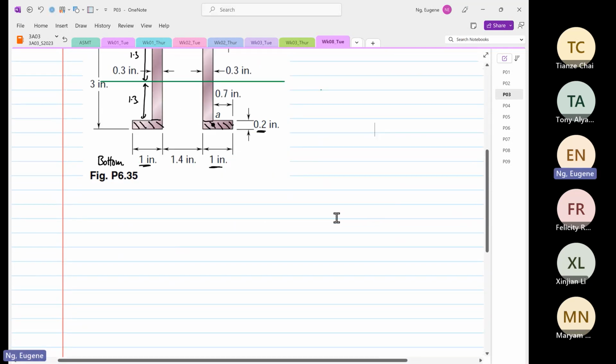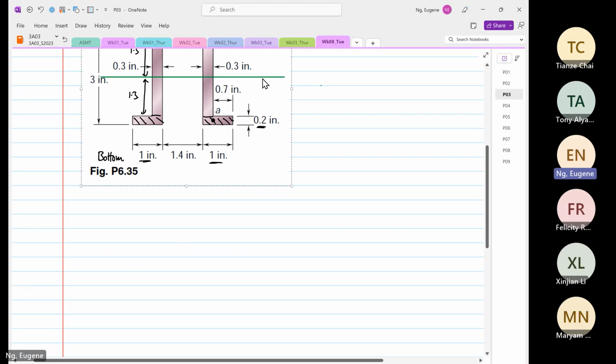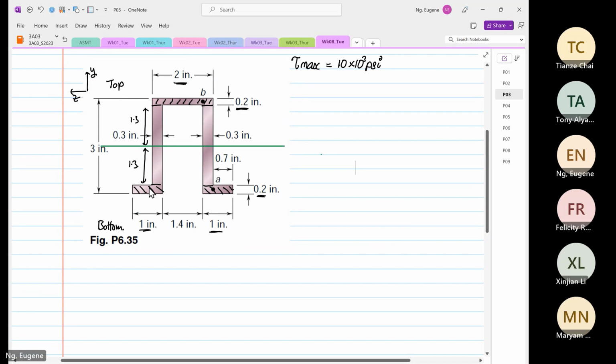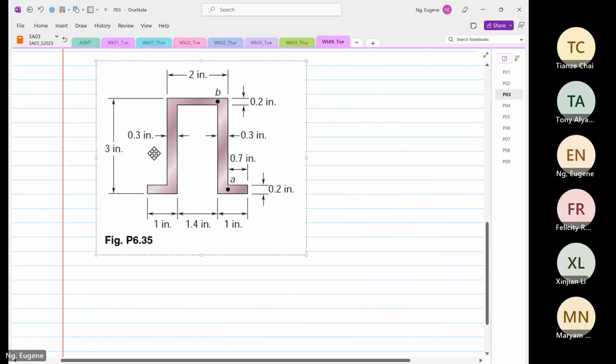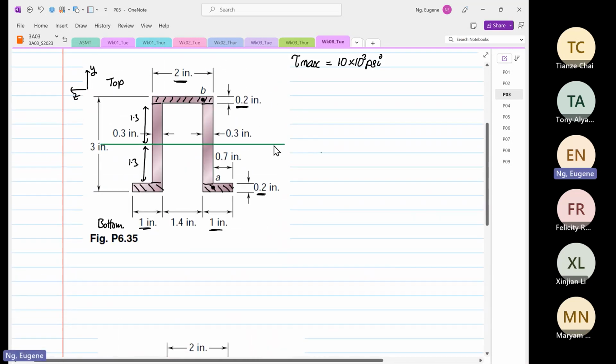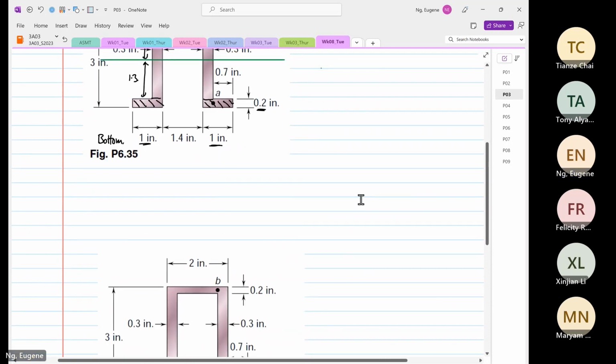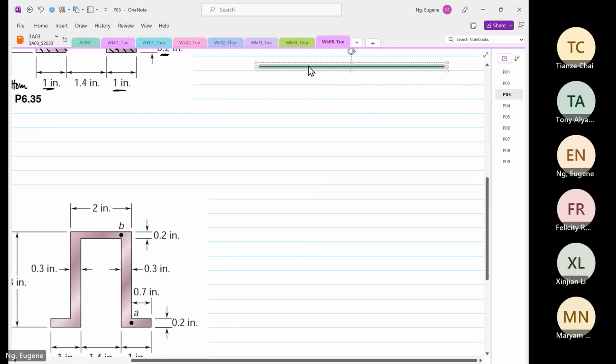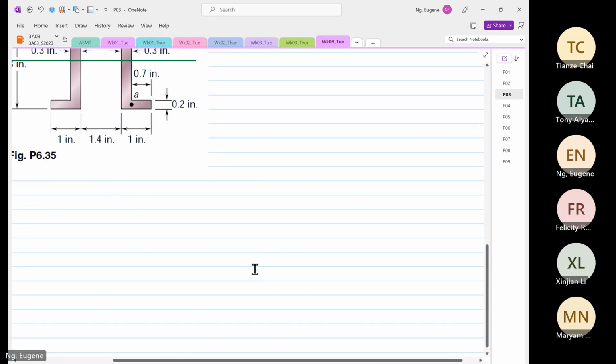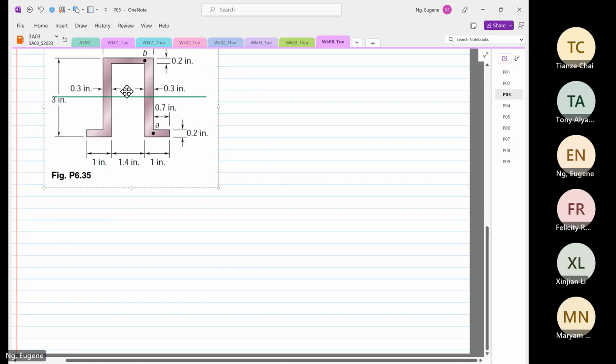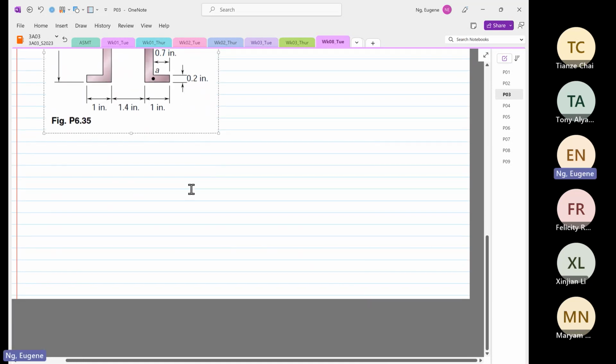So I'm going to copy this. I'm going to also get my centroid across. I said this is not a straightforward problem. I'm going to copy again.